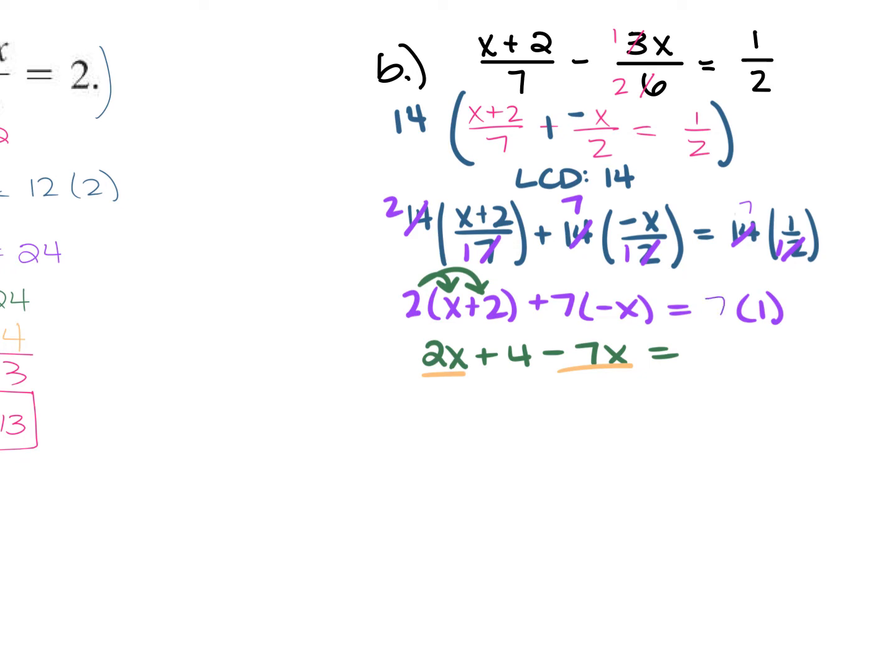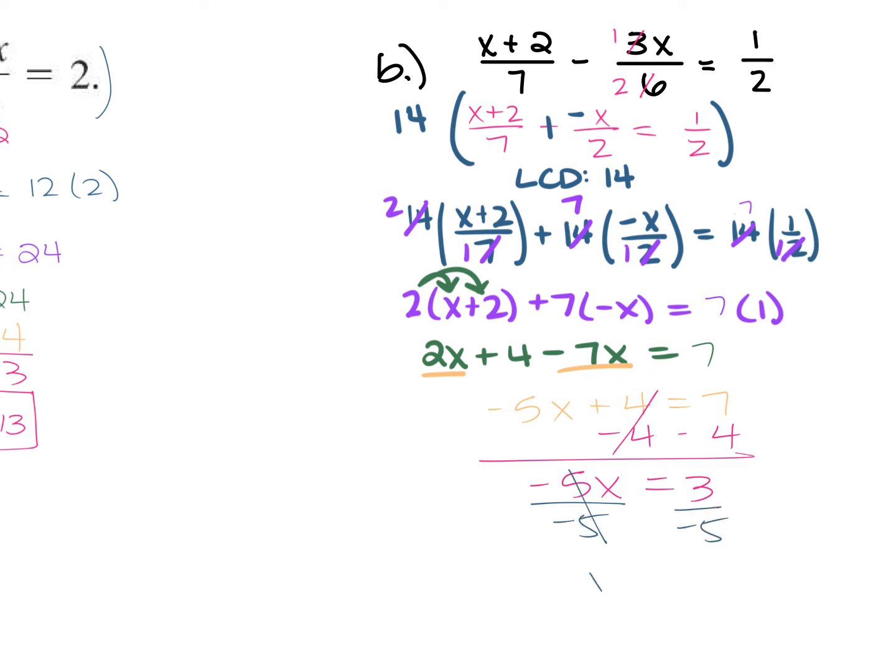So 7 times 1 would be 7. That then would give us negative 5x plus 4 is equal to 7, which would then subtract the 4 over to get negative 5x is equal to 3. And then we would divide each side by the negative 5 to get that x is negative 3/5.